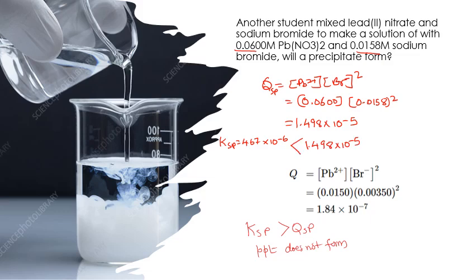So we can see that our Ksp is less than Qsp now. That means what? A precipitate will form. So in the previous case, we found that no precipitate formed with that concentration, and now we calculated with this concentration and we saw that a precipitate forms. Okay, so that is the difference in the formation of precipitate when you change the concentration.